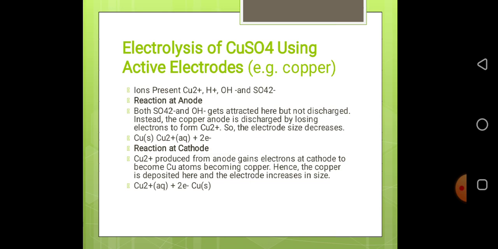So this is the reaction: copper to give copper 2 plus and 2 electrons. This is the reaction taking place at the anode.